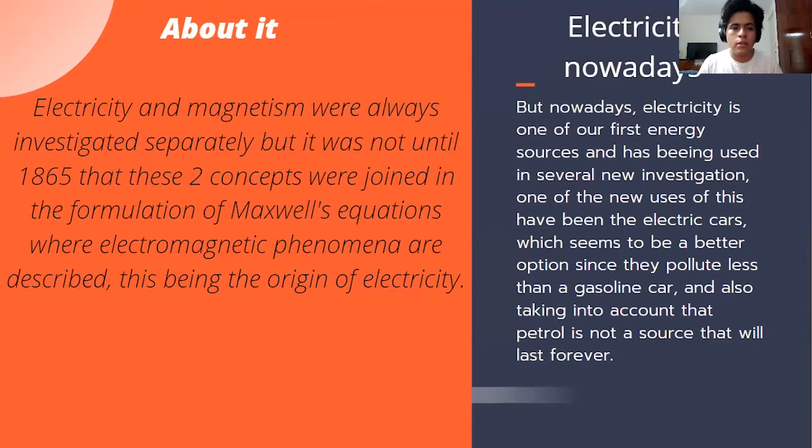It's known that this was the first discovery, or the origin, of electricity. And nowadays electricity is one of the sources that has had one of the biggest developments in investigation during the past years.